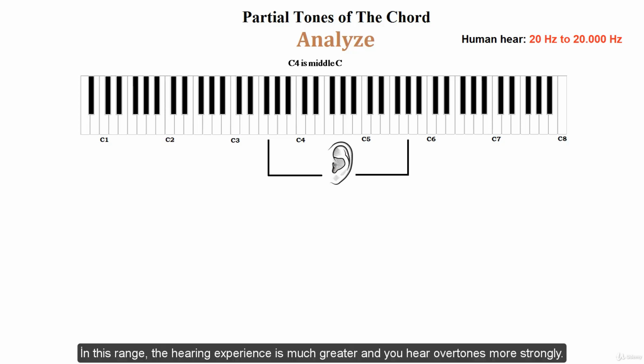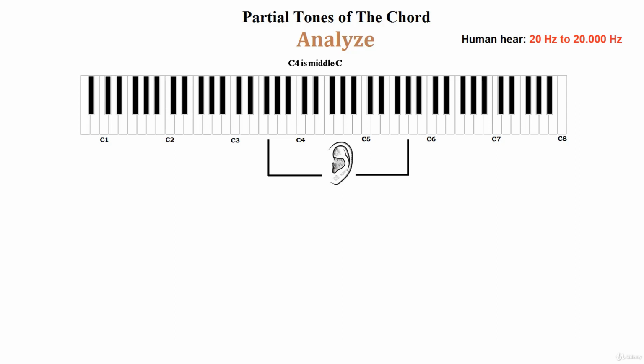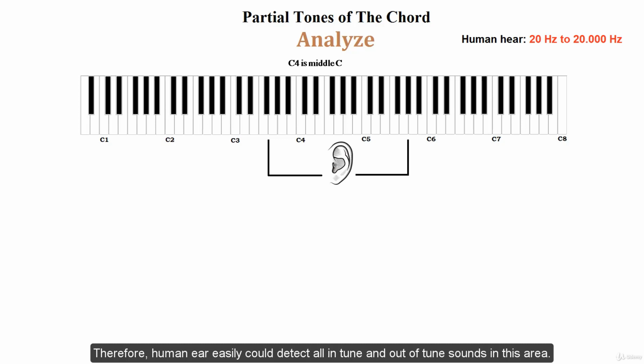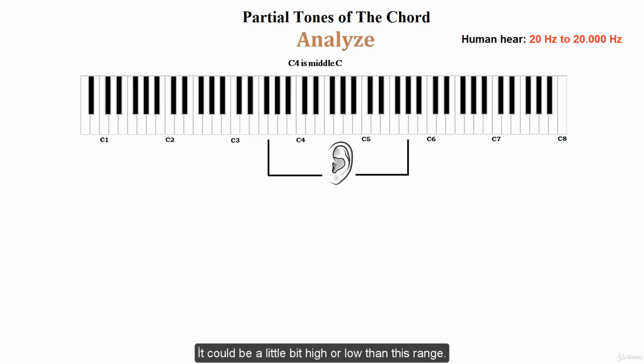In this range, the hearing experience is much greater and you hear overtones more strongly. Therefore, the human ear can easily detect all in-tune and out-of-tune sounds in this area. I want to remind you once again that this range is approximate. It could be a little bit higher or lower than this range.